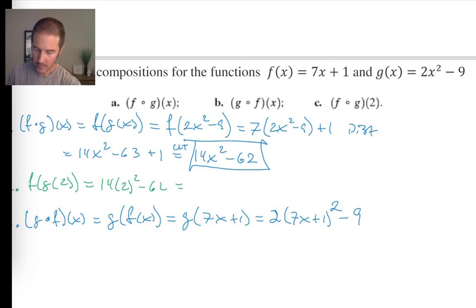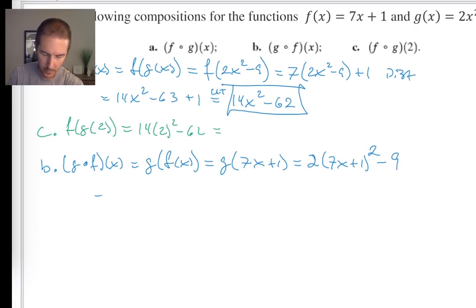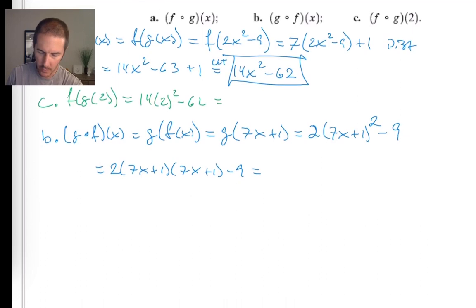From here, the next thing we need to do is FOIL this, 7x plus 1 times 7x plus 1. Some of you don't need to write it out, you can do it in your head, that's great. If you're taking a test, you might want to write it out anyway.